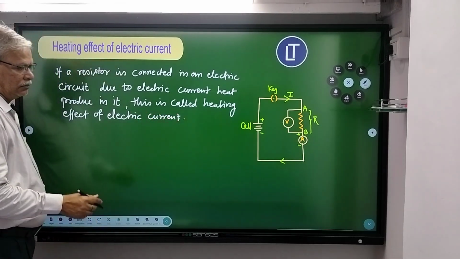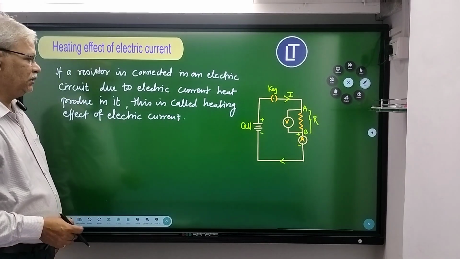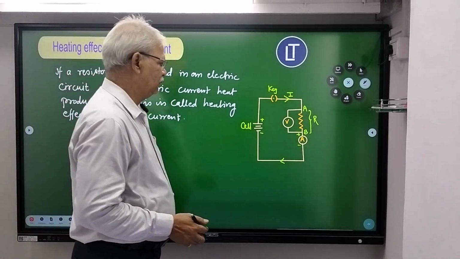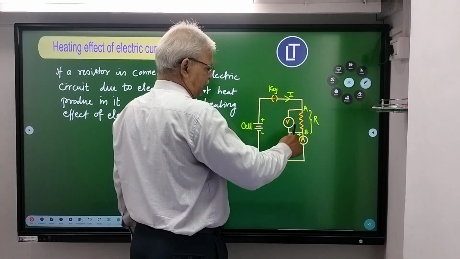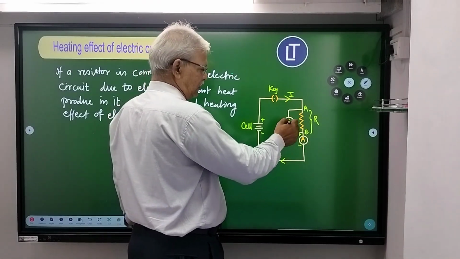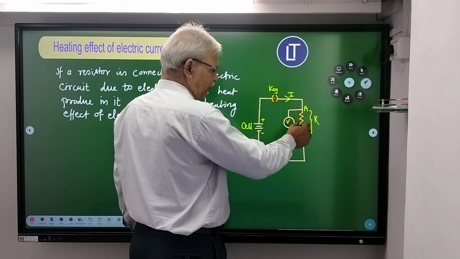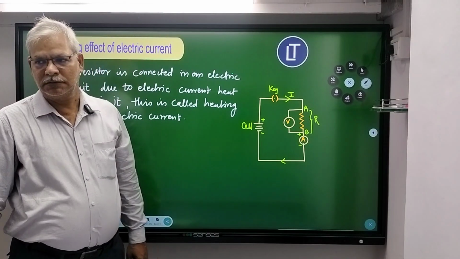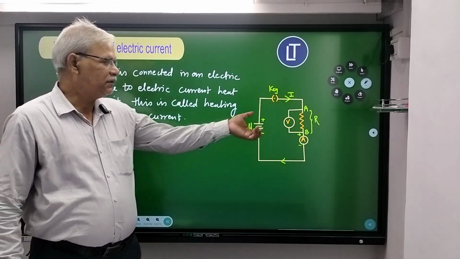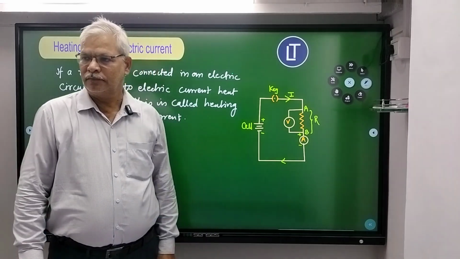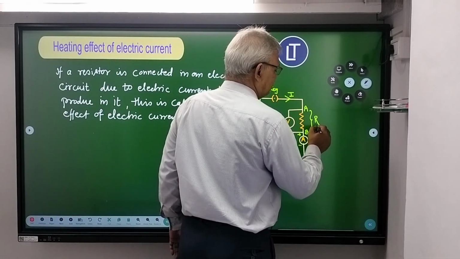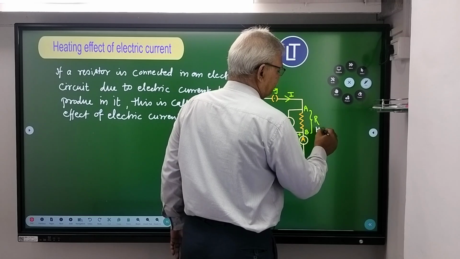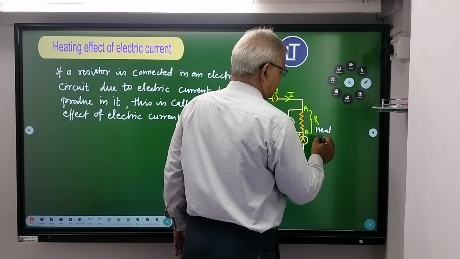Okay? Now see here, what happens when a current is flowing through a circuit from a resistance, then heat is generated. Through this resistance, heat is generated.